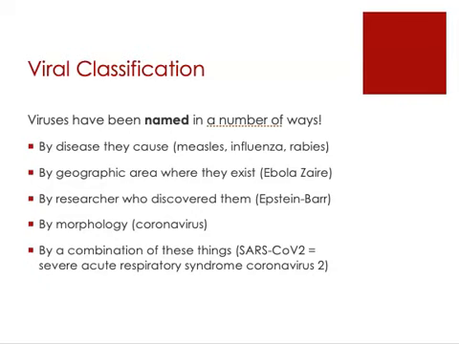Viruses have been named in a number of different ways, and sometimes it gets very confusing because from each type of virus to the next type of virus, the naming system can be very different.